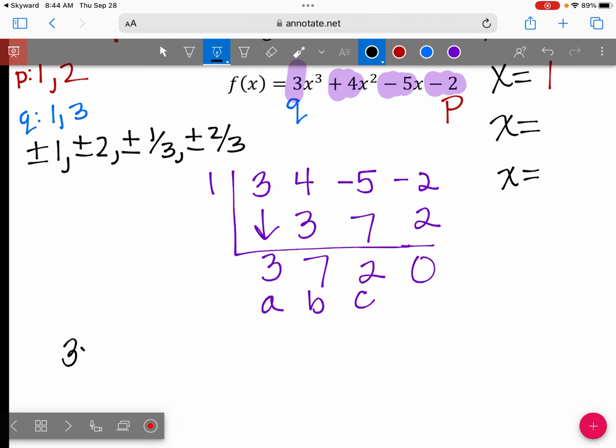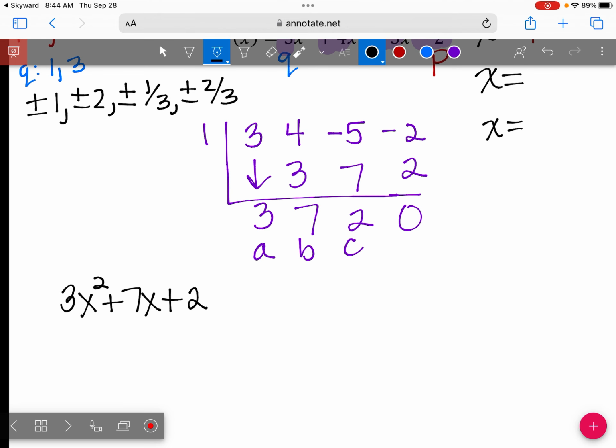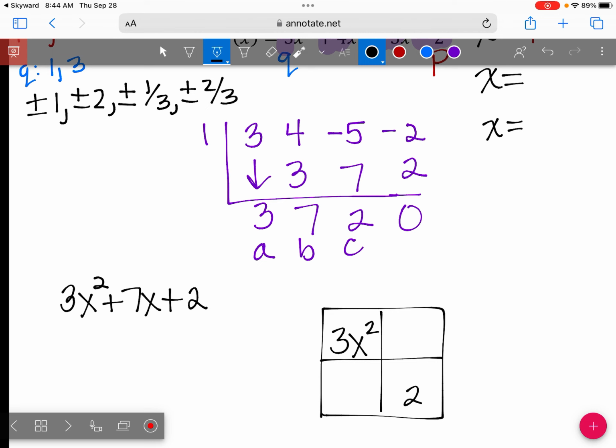So factor 3x squared plus 7x plus 2. I'm going to make your box. 3x squared goes here, and 2 goes here. You need 2 numbers that multiply to 6 and add to 7. Go ahead and find your last 2 solutions.